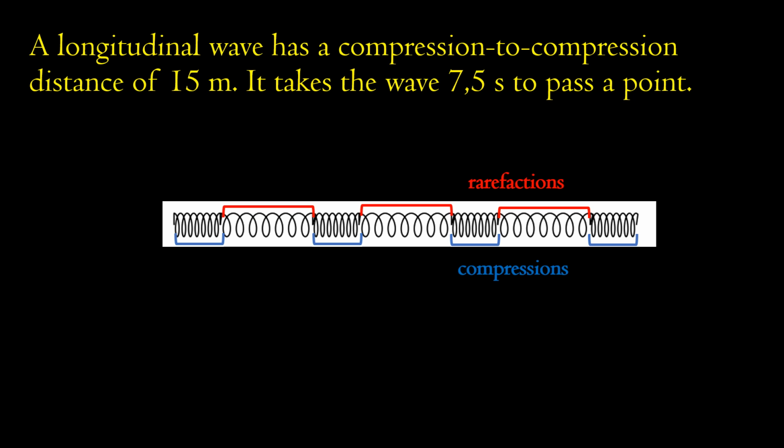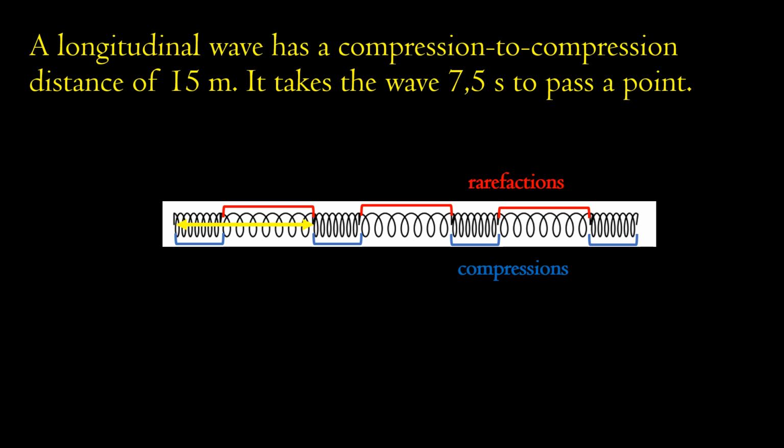We are told that the compression to compression distance is 15 meters, right? This means that the distance from the start of one compression to the start of the following compression is 15 meters.